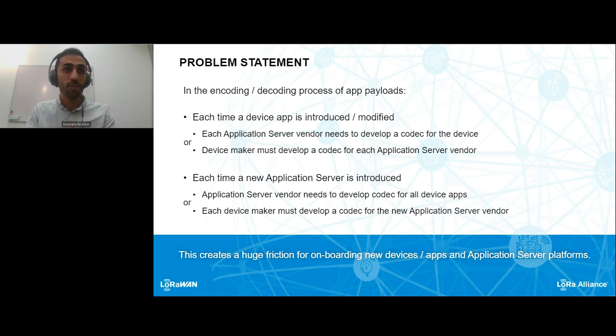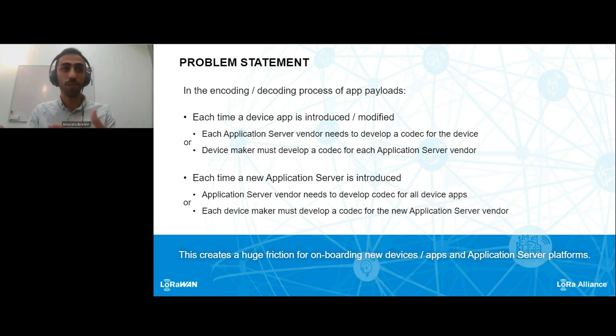Either the application server vendors need to develop a codec for this device, or the device maker needs to develop a codec for each application server vendor that already exists in the LoRaWAN community. And in another case, each time a new application server is introduced, there are two ways to support the codecs.